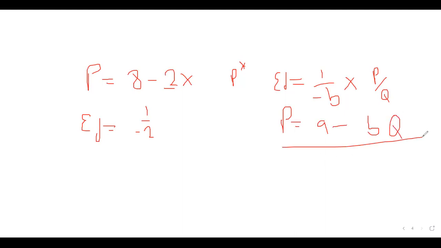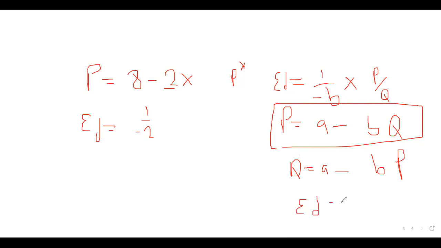This is called an inverse demand function. So if you're using the inverse demand function, the formula is that one on top there. But if you're using a direct demand function, A minus BP, the formula for elasticity is negative B times price over quantity.